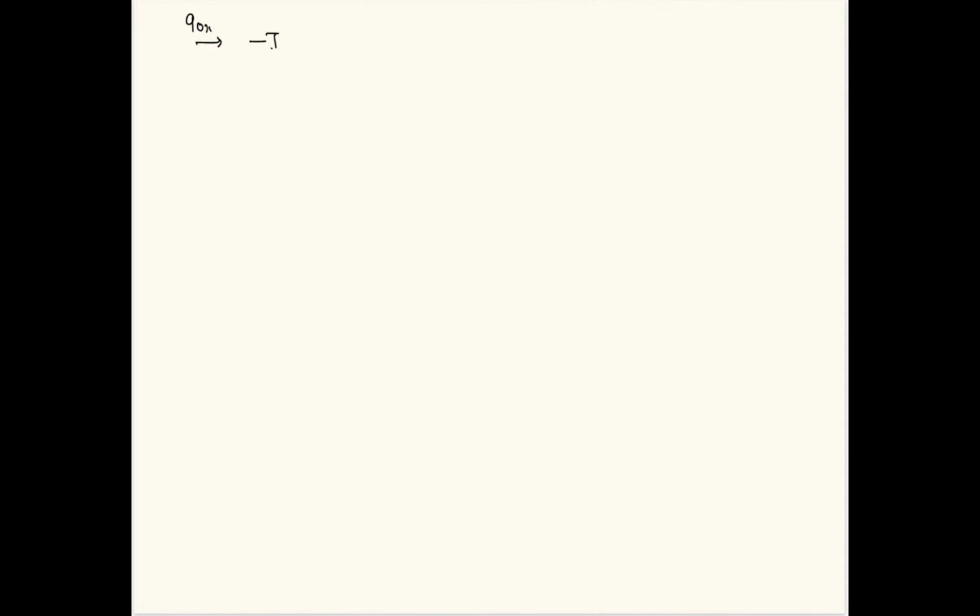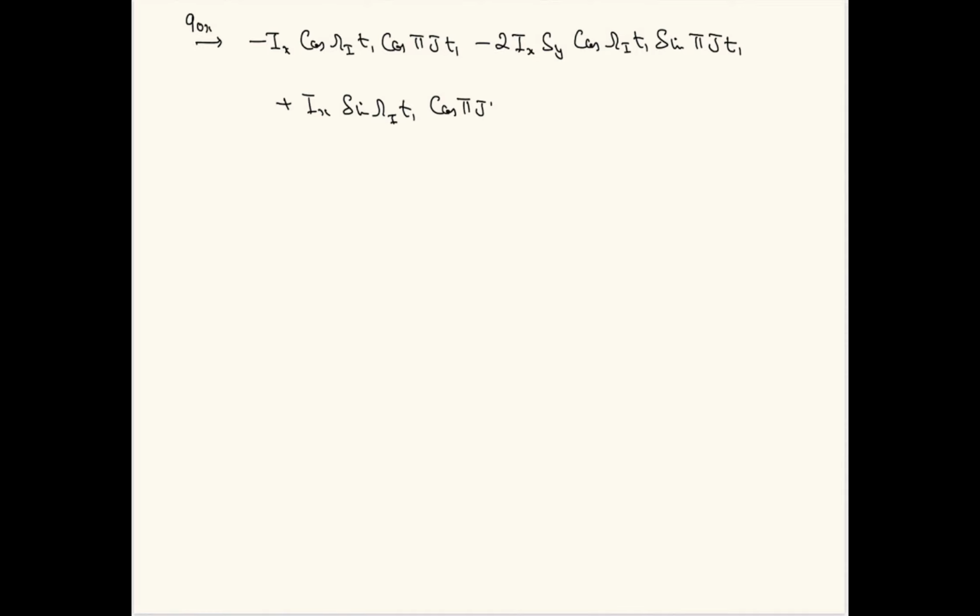You will have minus Iz cos omega I t1 cos pi J t1 minus 2IxSy cos omega I t1 sine pi J t1 plus Ix sine omega I t1 cos pi J t1 minus 2IzSy sine omega I t1 sine pi J t1, right?